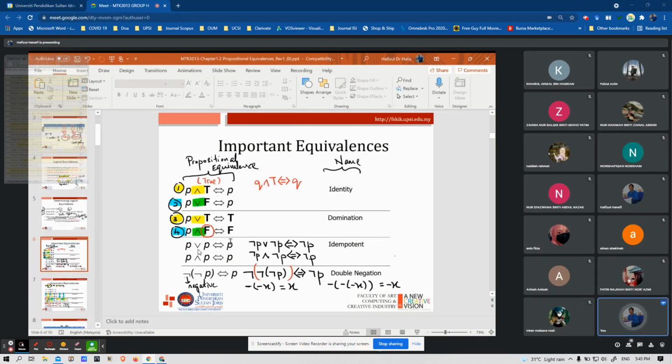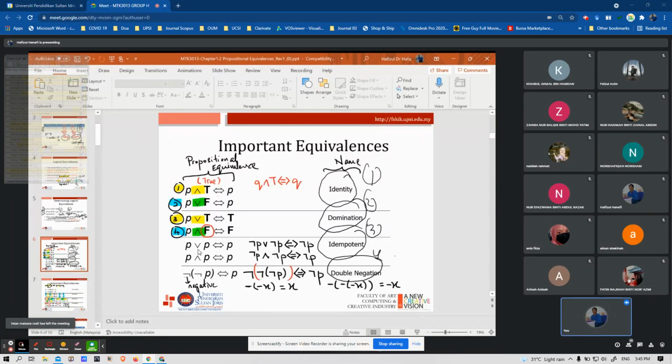Okay, we have identity, we have domination, idempotent, and double negation. We have 4 important equivalences. Identity equivalences.